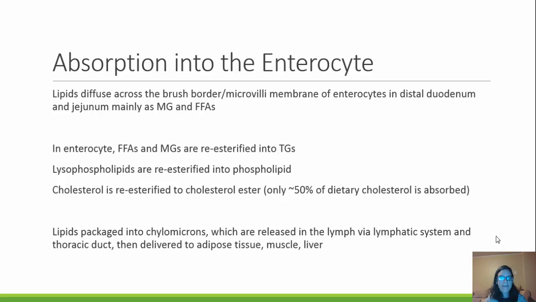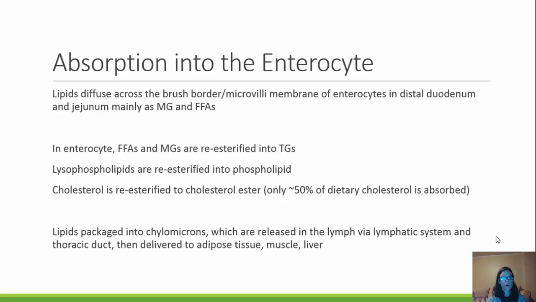Okay, so we just said that the lipids diffuse across into the enterocyte mostly as monoglycerides and free fatty acids, and then when they go into the enterocyte, they're reesterified into triglycerides. Some of our other constituents of the micelle, lysophospholipids, are reesterified into phospholipids, and cholesterol is reesterified into cholesterol ester.